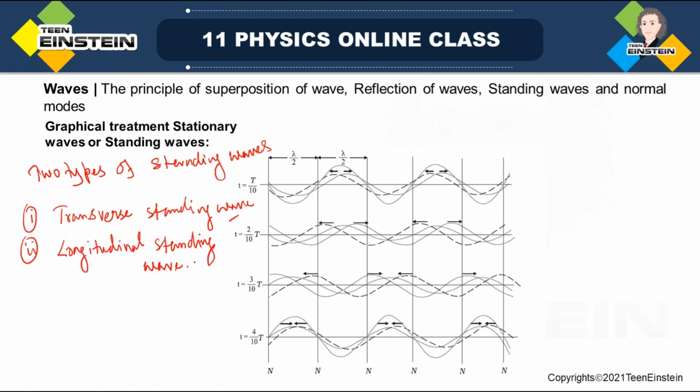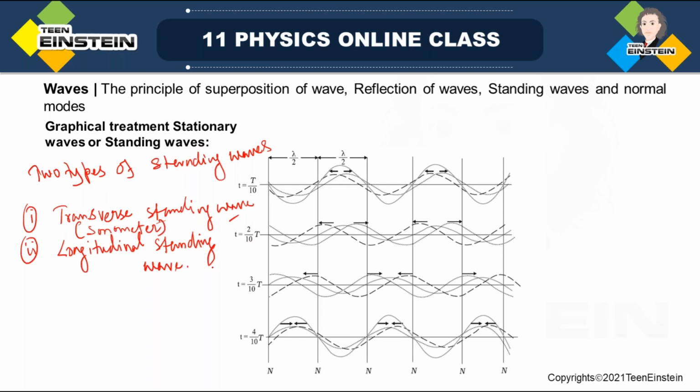For example, transverse stationary waves are formed in a sonometer and in Melde's experiment. So an example of a transverse standing wave is in the sonometer, and in Melde's experiment this kind of standing wave is created.